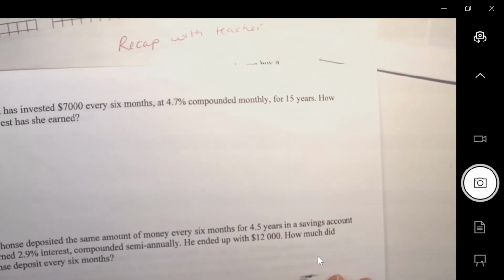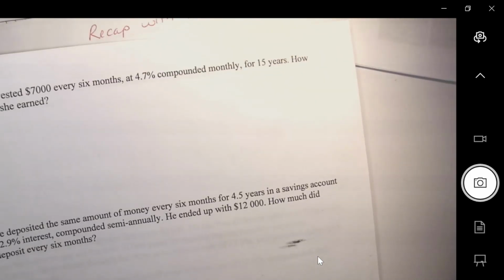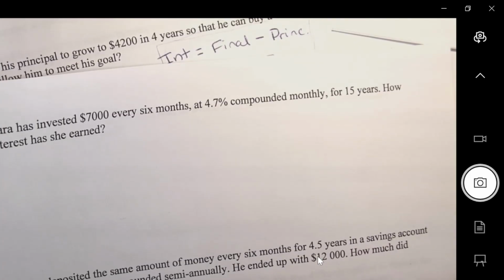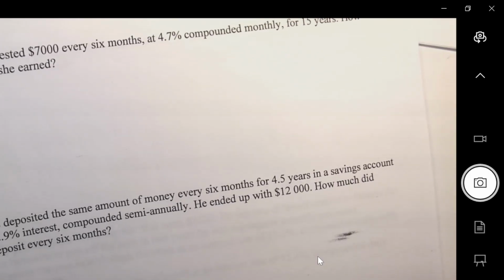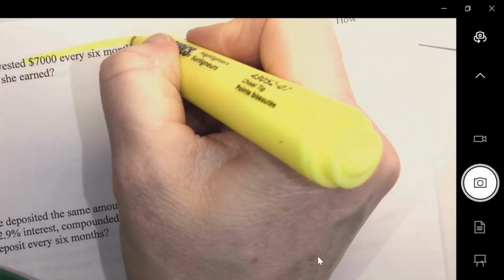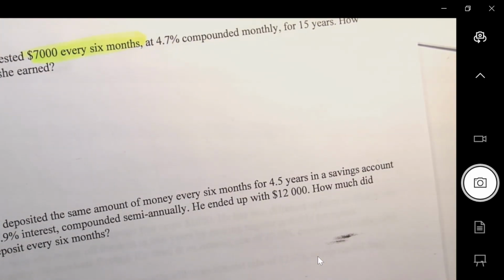Okay, Barbara has invested $7,000 every 6 months. Uh-oh, when I read that line, I already know what strategy I'm doing. If you invest some money every 6 months, what are we doing?